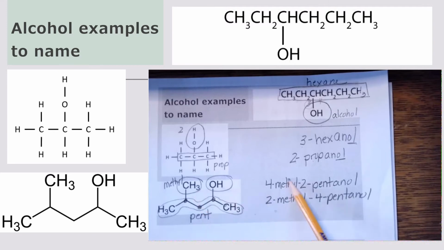So this means on carbon 4 there's a methyl group, and the functional group for the alcohol is on carbon 2. Or this one means on the 2nd carbon we have a methyl group, and on the 4th carbon we have the functional group for the alcohol. It ends up being drawn like this no matter what.